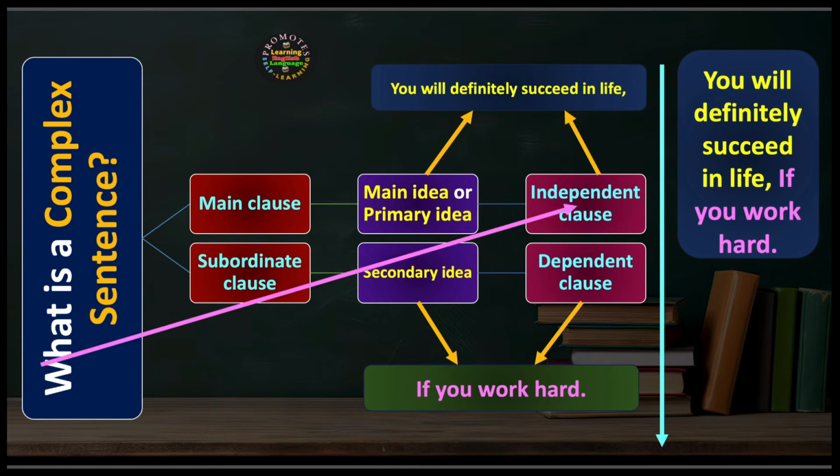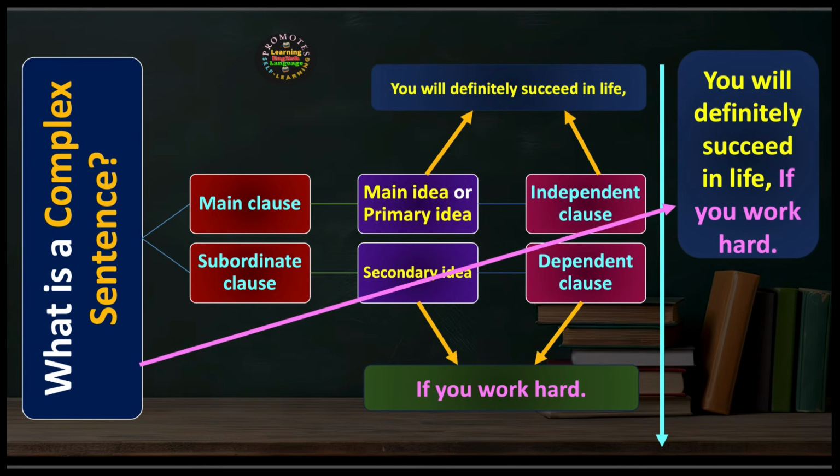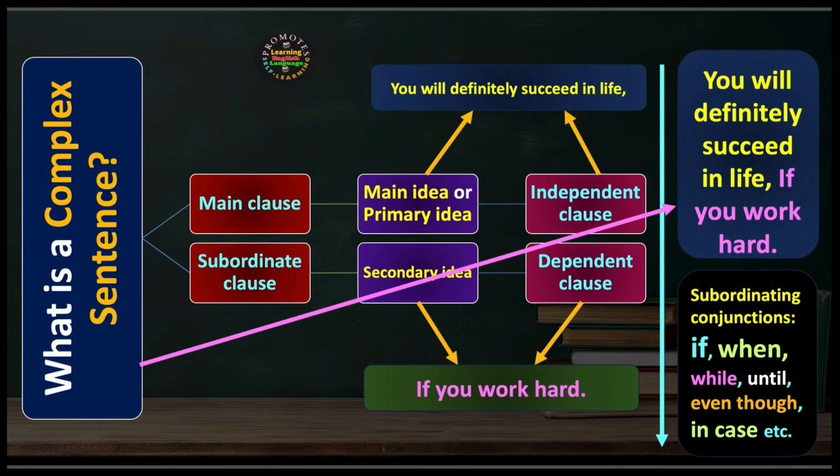So what we get is that this is an example of a complex sentence. And why do we say complex sentence? Because a complex sentence must be joined by subordinating conjunctions. A compound sentence, as I previously talked about, must be joined by coordinating conjunctions. But a complex sentence must be joined by subordinating conjunctions.